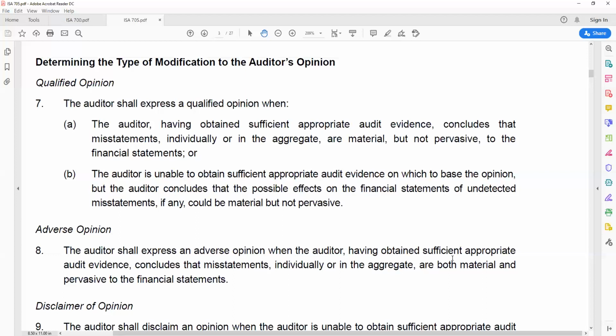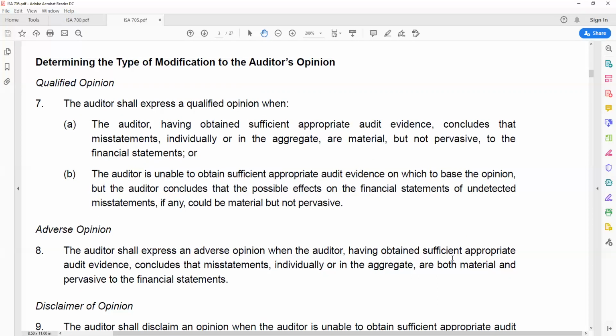However, the auditor concludes that the misstatements, individually or in aggregate, are material but not pervasive to the financial statements. So in part A, the auditor has obtained sufficient appropriate audit evidence. However, there is misstatement, and it is material but not pervasive.